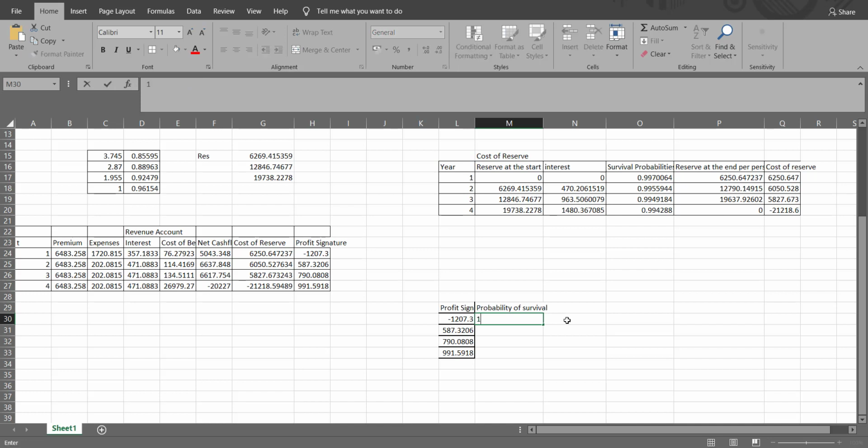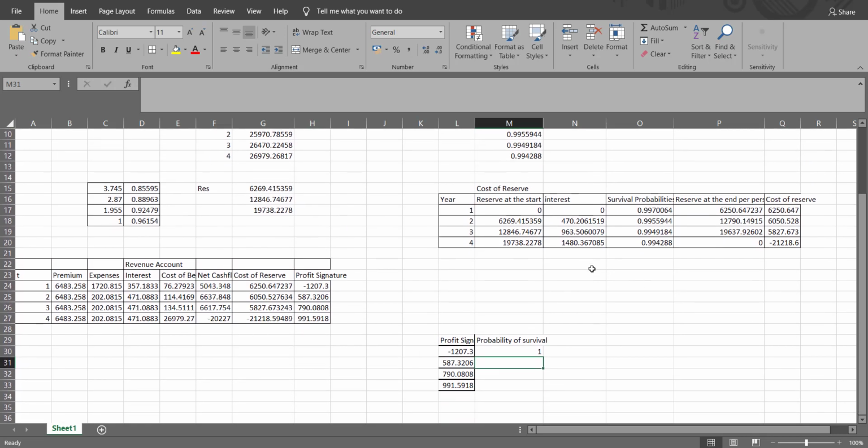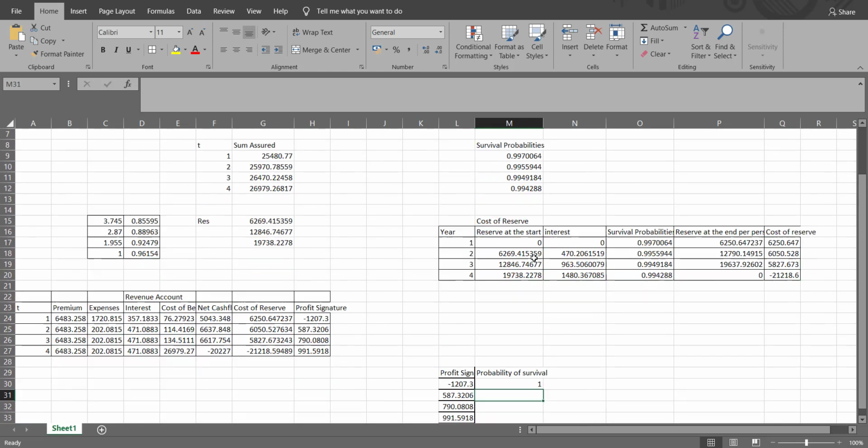Okay, so the first year is at time 0 itself. The second year is at 1 year survival, so you will just take it to be equal to 1 year survival.